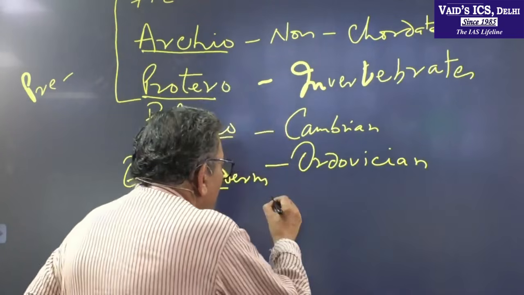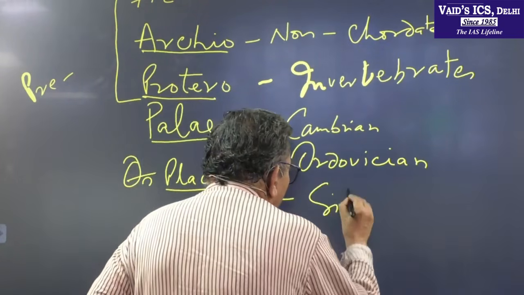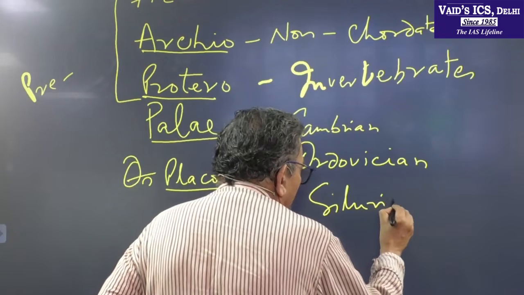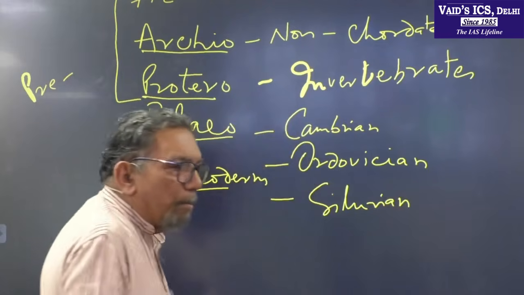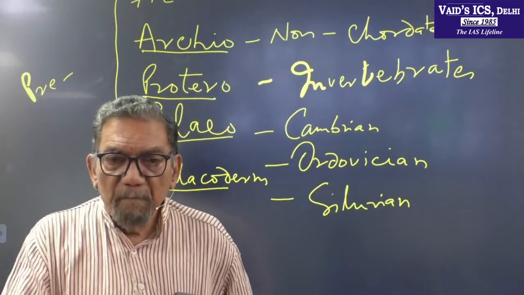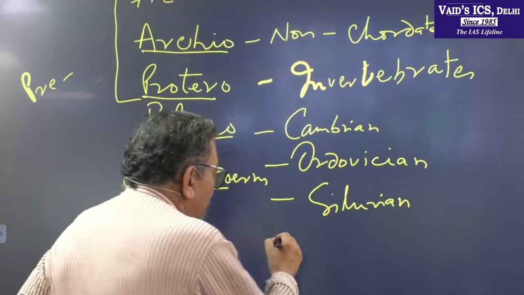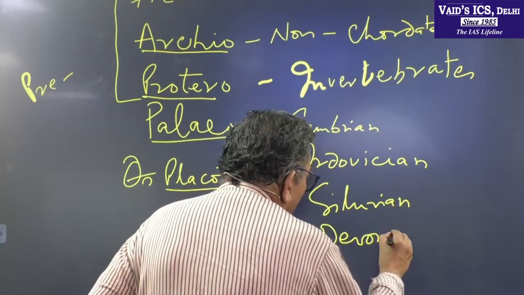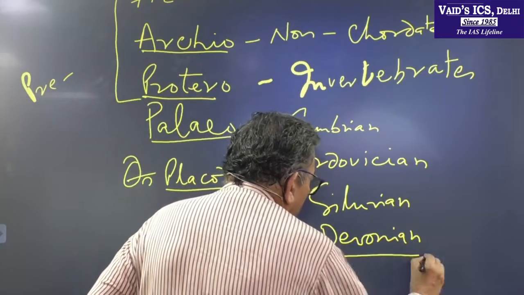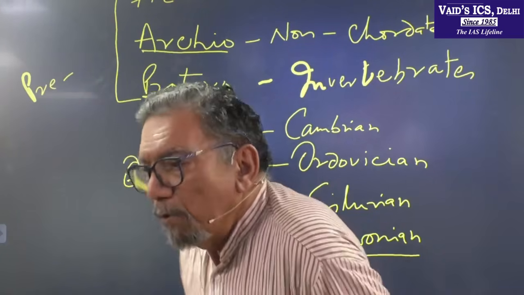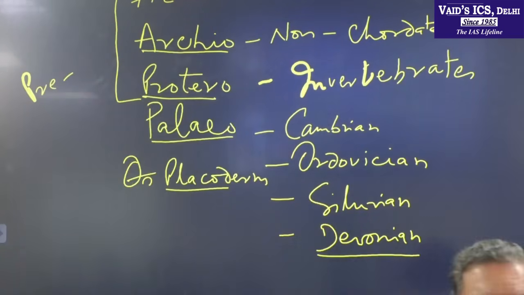In Silurian evolved bony fish. And then was Devonian, when fish spread throughout the world, in all the water bodies, oceans, seas, rivers, lakes, everywhere you will find fish.